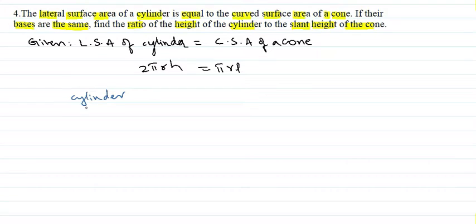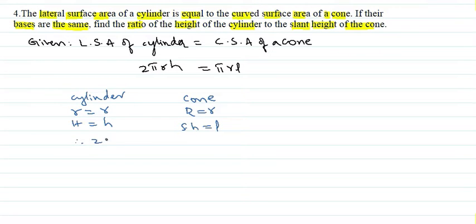Cylinder dimensions, radius is equal to r and height is equal to small h. Then cone, radius is equal to r and slant height is equal to L. L is the slant height here.